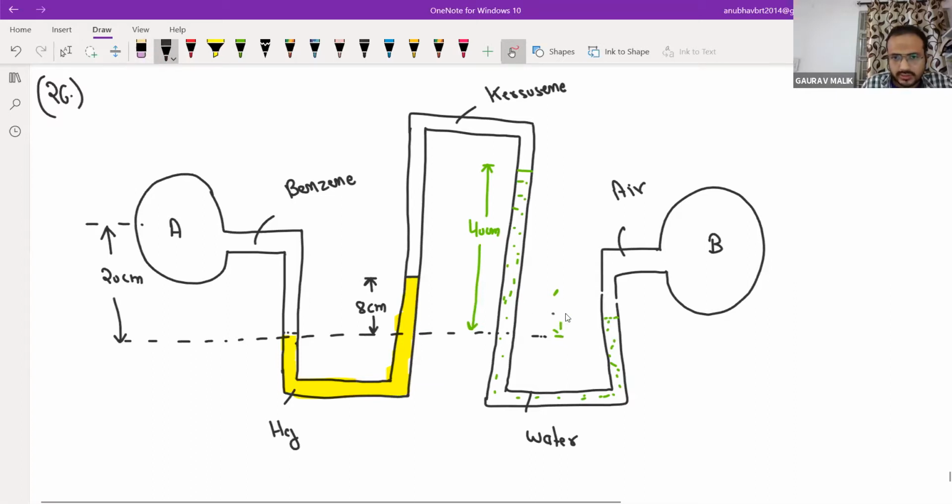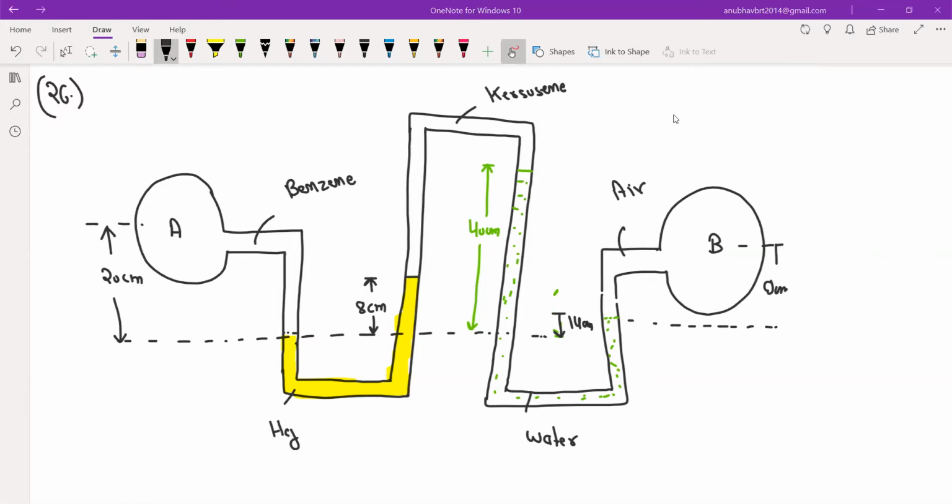Assume this difference is 14 centimeter. From this point to this point, that is 9 centimeter. Here we have benzene, mercury, kerosene, water, and air. 1, 2, 3, 4, 5 fluids are there.